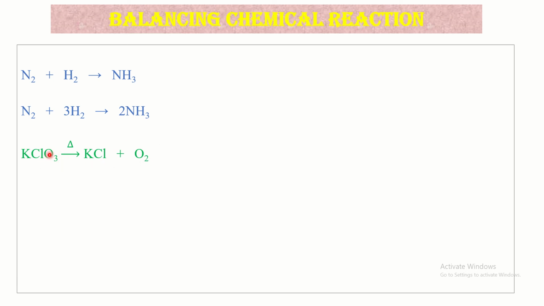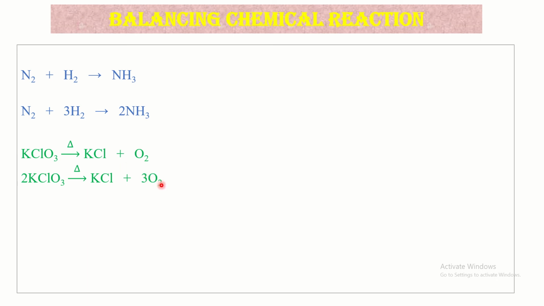So to make this oxygen 6, we have to multiply the potassium chlorate by 2, and we have to multiply this oxygen by 3. So we did this here. Now look, oxygen 6 atoms, here also oxygen 6 atoms.